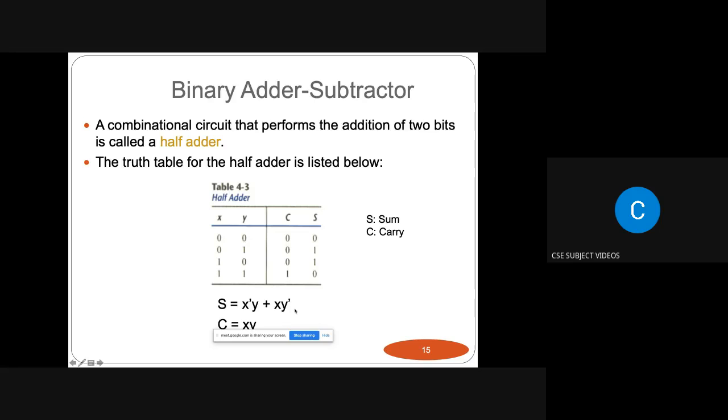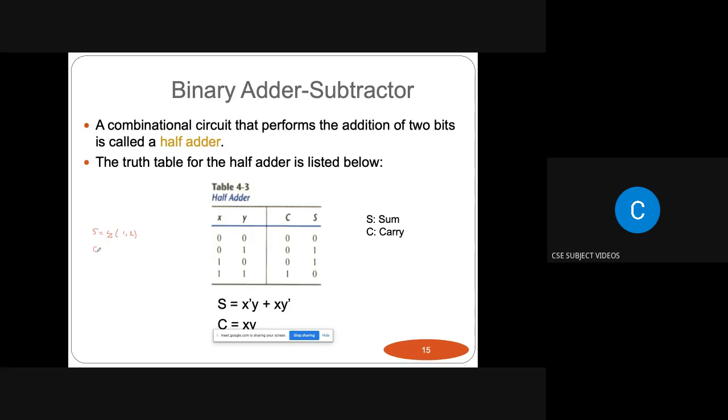And here also we can find the Boolean function using the Karnaugh map. So here we can write the sum of minterms for this sum and carry as S is equal to summation of, where we are getting 1 in the output of sum. So here it is 1, here also 1. So the corresponding minterms are m1 and m2. So we can write it as summation of 1, 2.